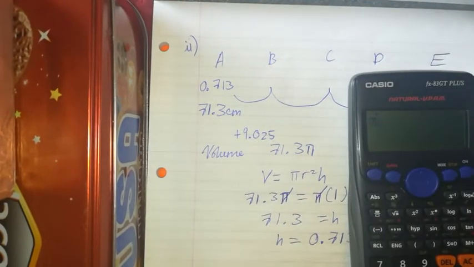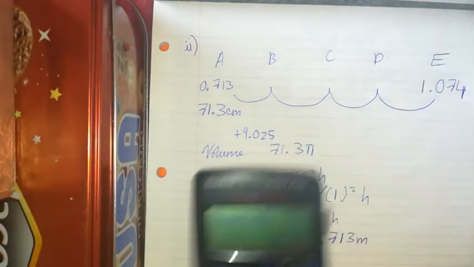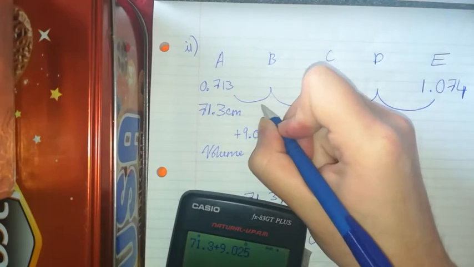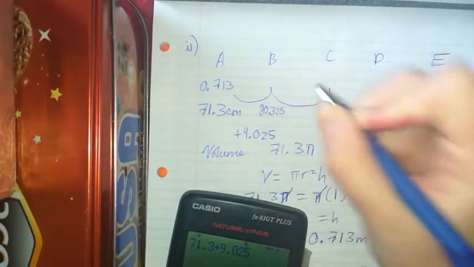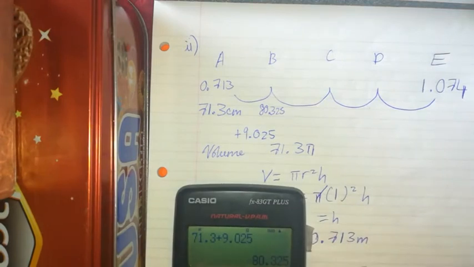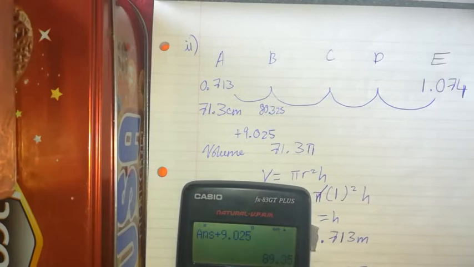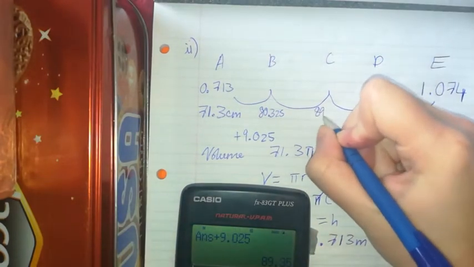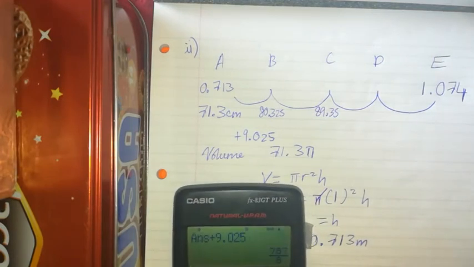So 71.3 plus 9.025, and then I get 80.325. Then add 9.025 to that, and then I get 89.35, and then add 9.025 to that, and I get 98.375.